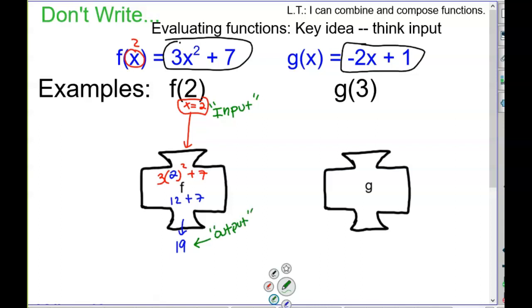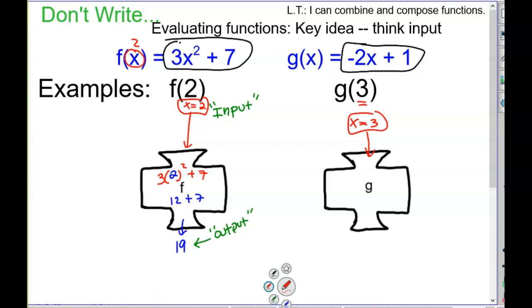is the output. Okay? And I know you're thinking, Strub, that's just evaluate. This isn't the hard part. This is the part that we hopefully are comfortable with. So maybe you could do this one in your head. What if we tell you to evaluate g of 3? Input goes in.